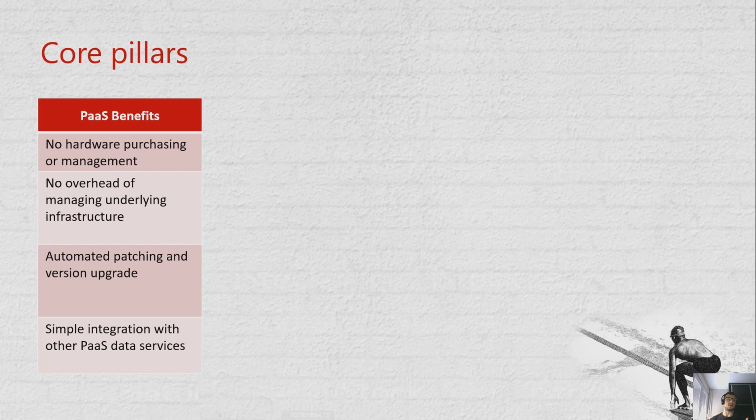After you create your managed instance, you don't have the overhead of managing underlying infrastructure, since the service is the one that does the managing of the hardware components, software components, and SQL Server. For all of this, you have automated patching and version upgrades, but you also get simple integration with other PaaS data services present in Azure.